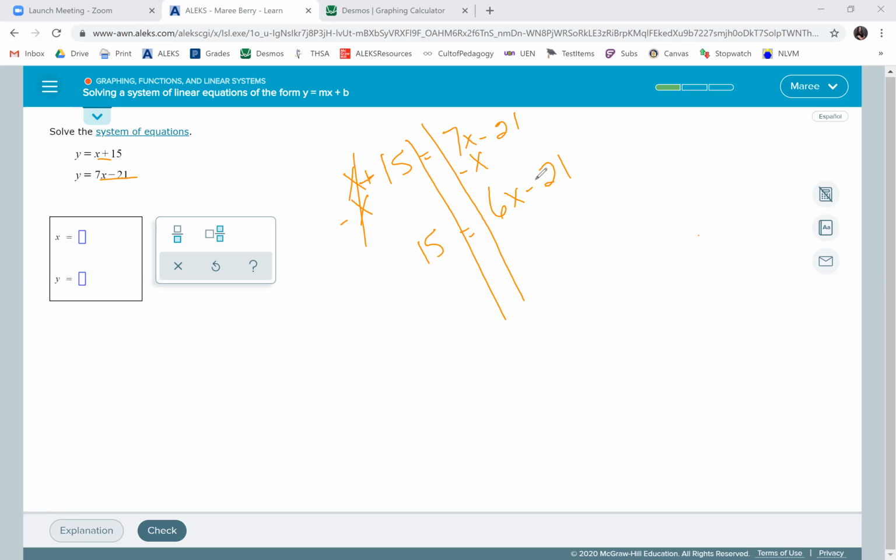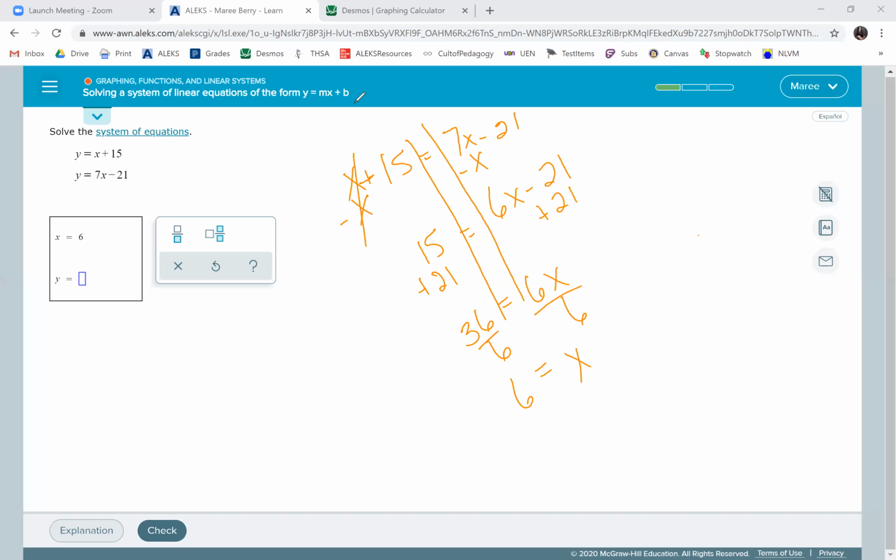Now I have to get x all by itself, so I'm going to do inverse operations. I'm going to add 21 to get 36 equals 6x, and then I'm going to divide by 6 to get x equals 6. So I'm going to type in x equals 6, and then I'm going to solve for y.